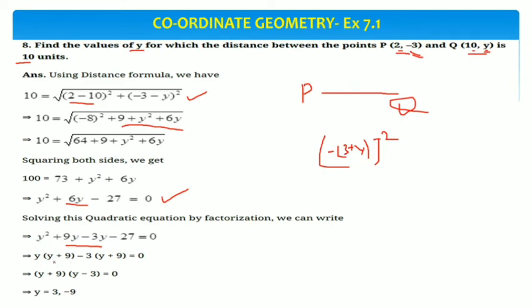It will be y within bracket y plus 9. Here minus 3 will be taken common, so it will become y plus 9. So finally we will get the expression (y plus 9) into (y minus 3) equal to 0. Upon solving, the values will be 3 and minus 9 for y. So we are seeing that the value for this y could be 3 or minus 9. So this way this question will be done.